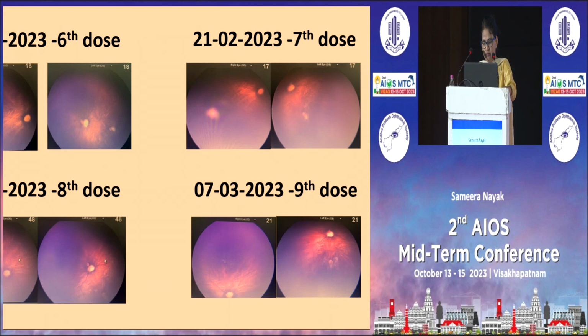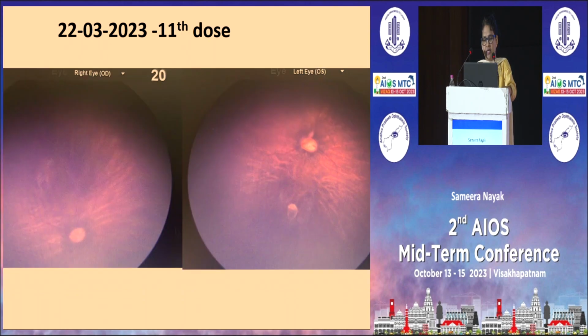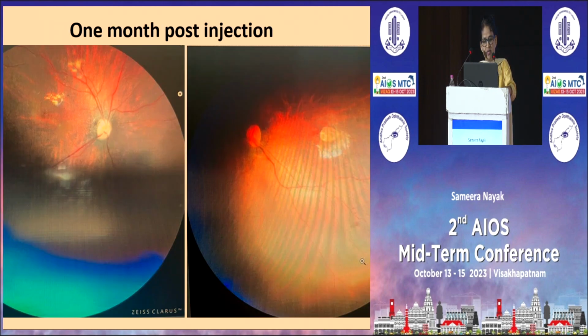And this is the fundus picture after the 10th dose of amphotericin, and you can see the scarring has started in the left eye, and this is a picture after the 11th dose. And the baby came 1 month post-injection to the OPD, and we could take a fundus picture with Zeiss Clarus, and this was the picture.